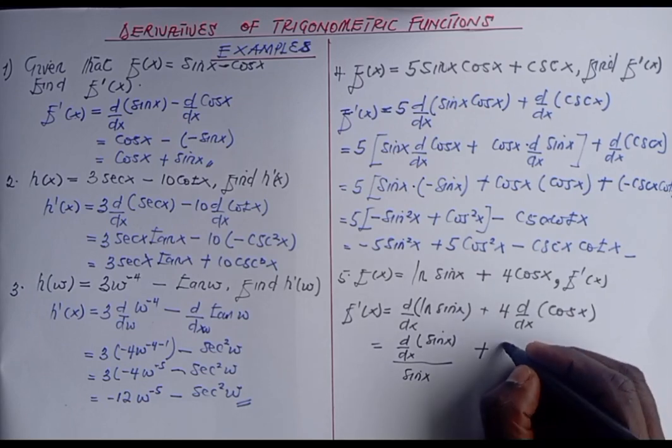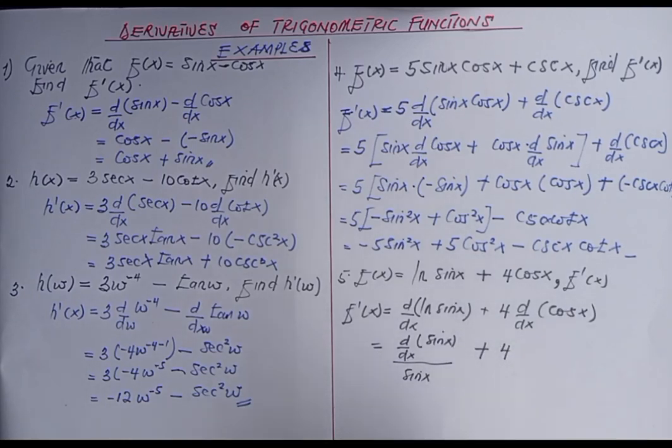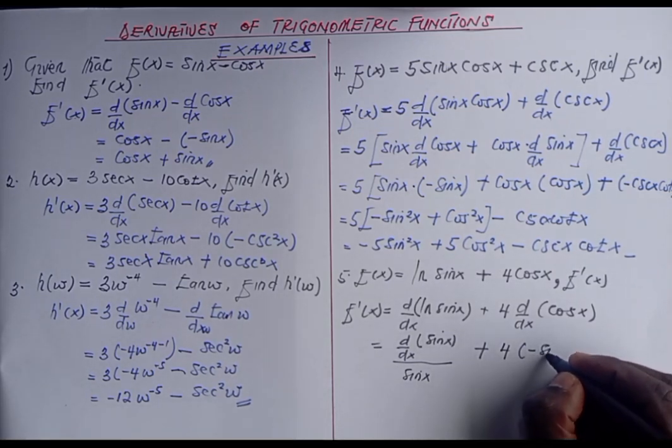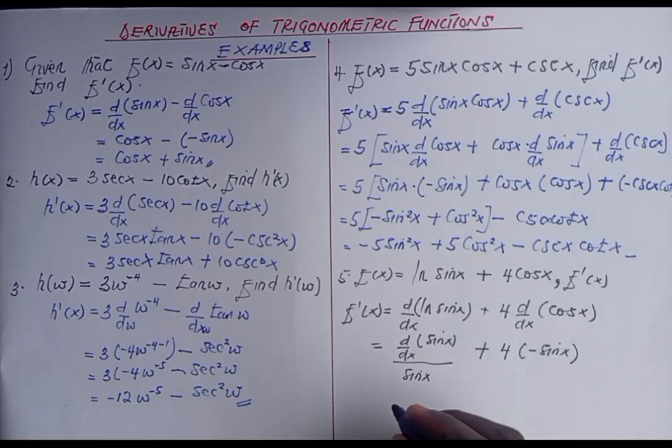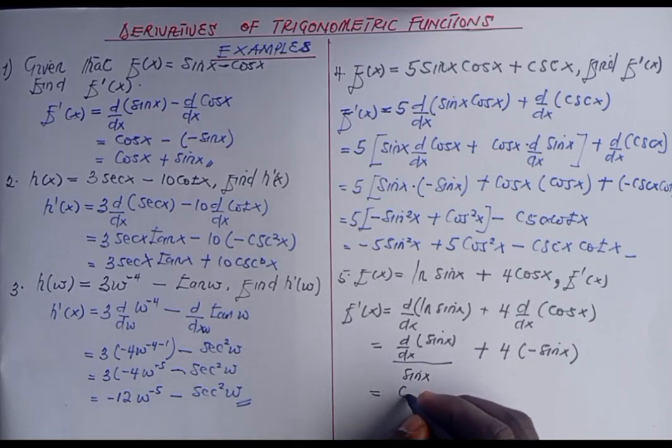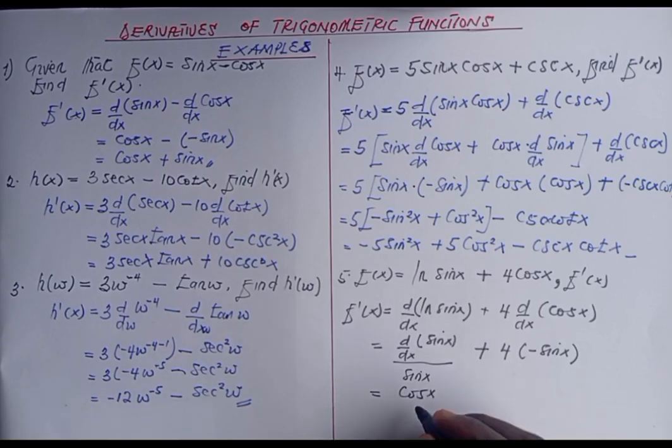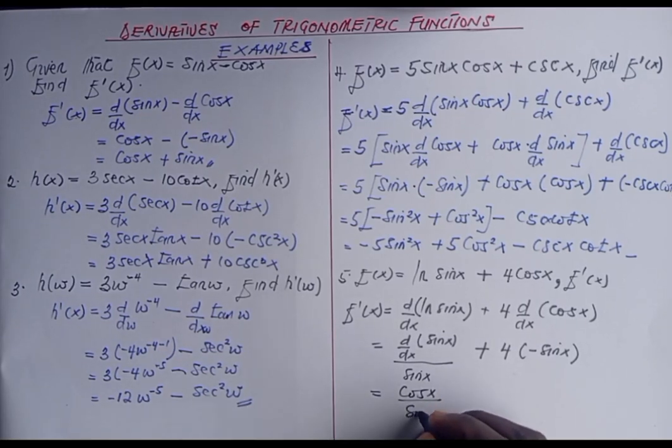Then we have plus. Now when we differentiate cos x, we know that we are getting negative sine of the angle x. So we are done with this very part. Now let's come here. Now when we differentiate sine, what are we getting? We differentiate sine, we get cos of the angle x all over sine x.